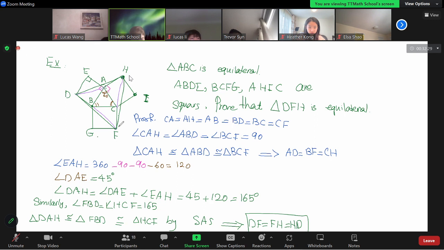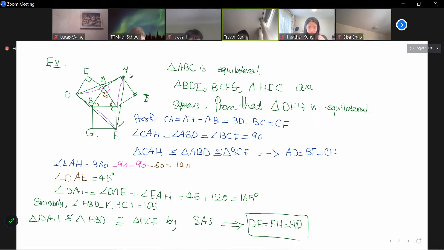But how do you use the symmetry here? I don't understand how you use the symmetry. Because the argument here is that DAH, FBD, and HCF can have the exact same steps done to them to get the same angles. So from points D, H, and F, it's symmetrical on all sides.